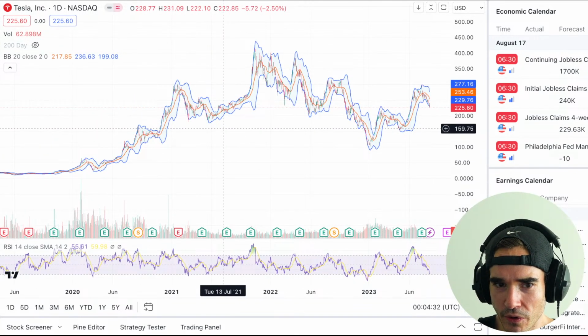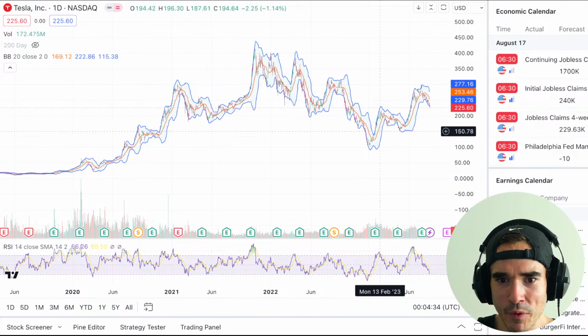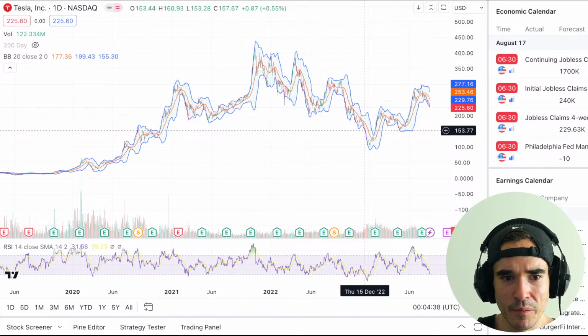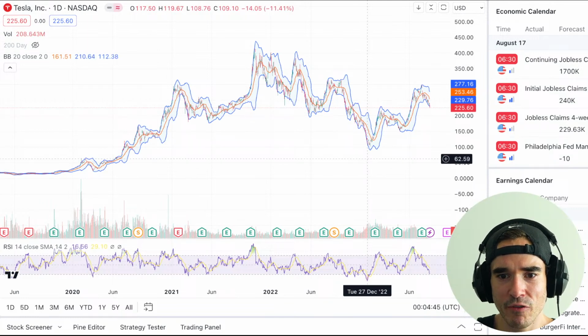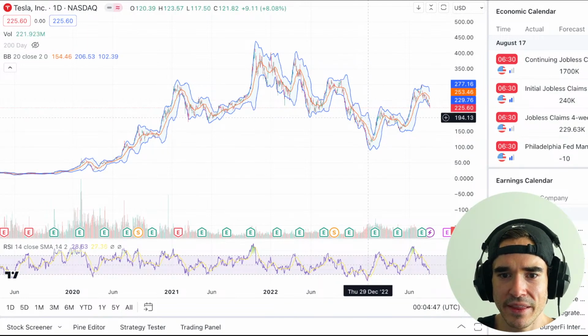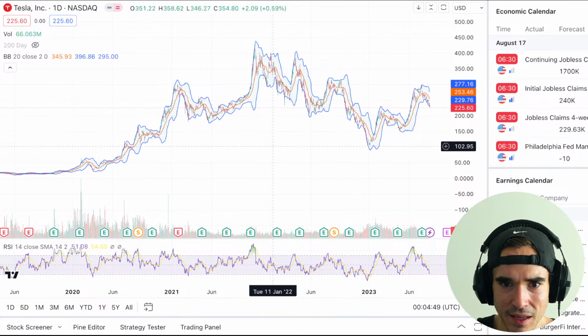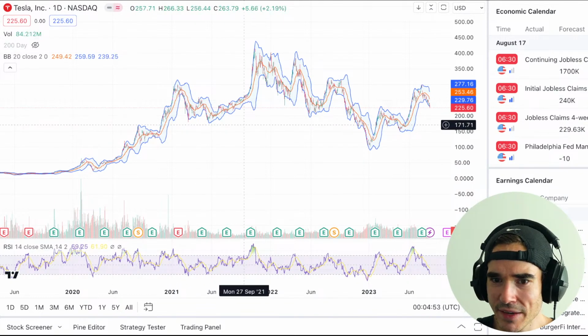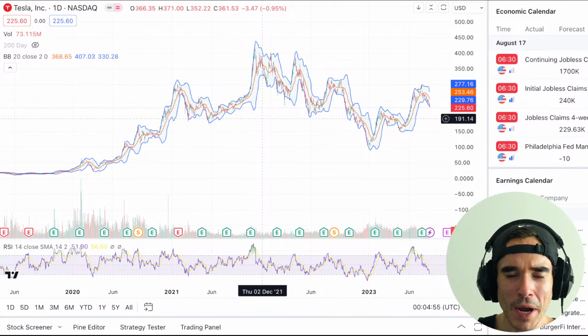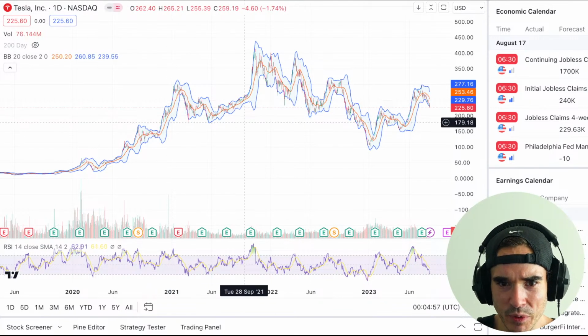And so, yeah, I would have been thrilled to be buying Tesla from below 150. I would be thrilled all the way down here. This would have been a great accumulation. And then if I was to sell, I probably wouldn't sell again until 175 or 180, because look at how many times we intersect that.